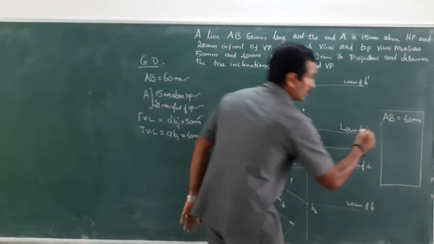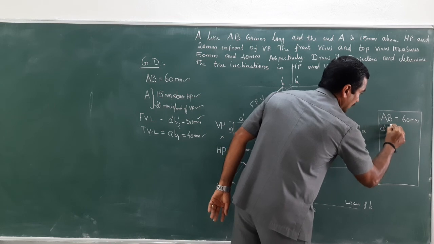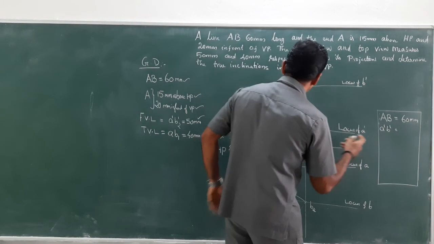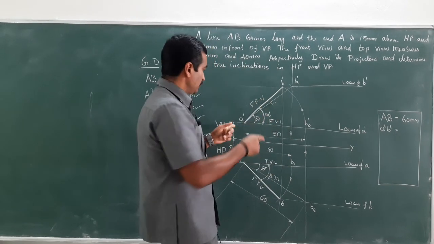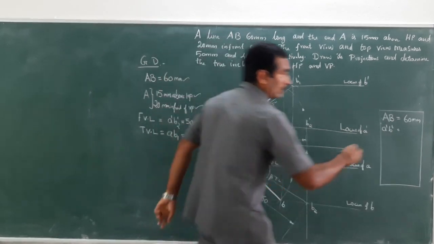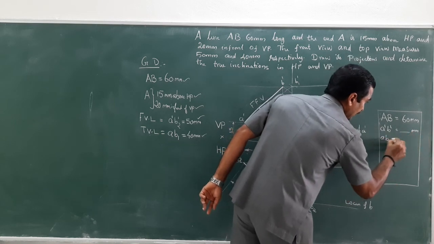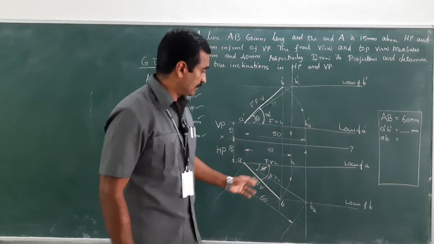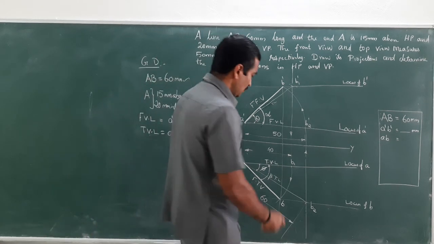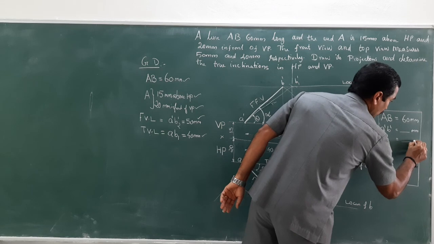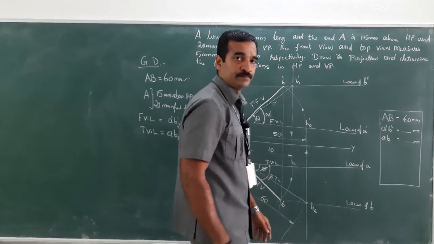Next, A dash B dash, which is nothing but the final front view. Whatever value it comes, you have to measure using a scale and mention it over here. Similarly, AB is nothing but the final top view. Measure using the scale and mention whatever value comes here, right?